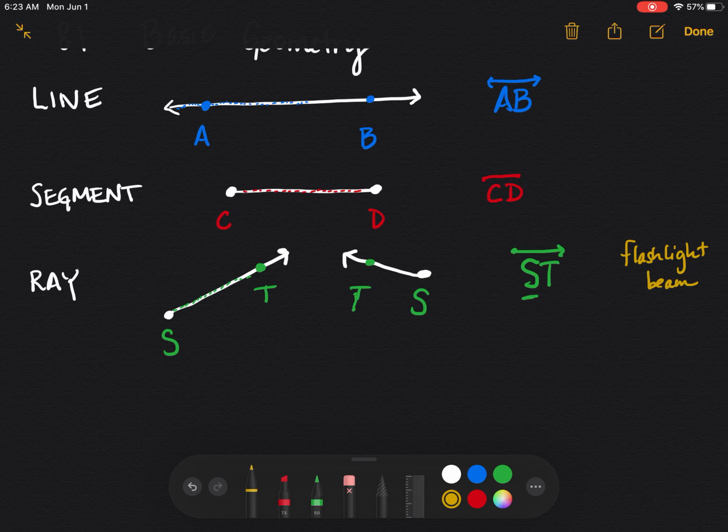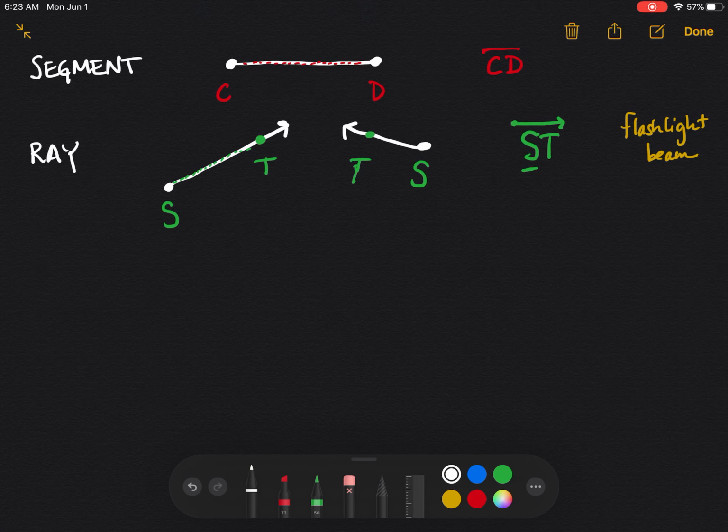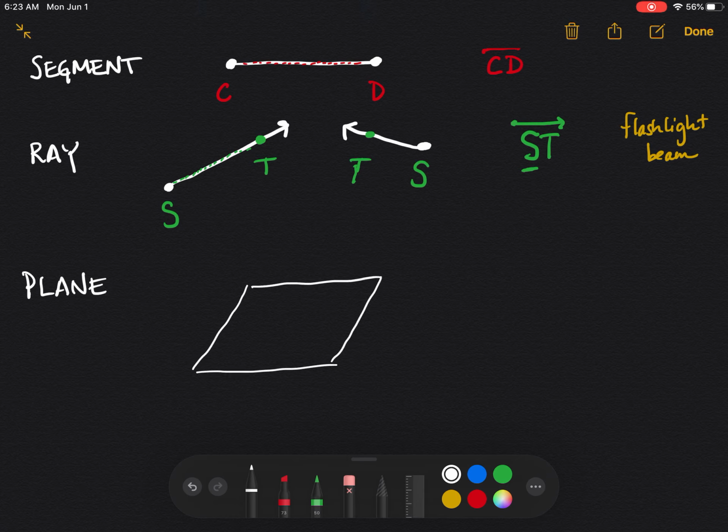So let's look at a plane. A plane is kind of like the top of your desk or your table or your wall or something. And it's really hard to draw a plane, and here is why. It's a flat surface, but it goes on in every direction. That's why it's really hard to draw.